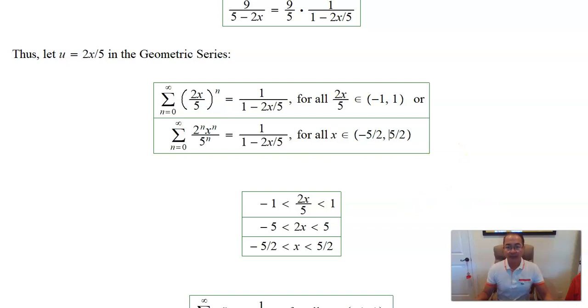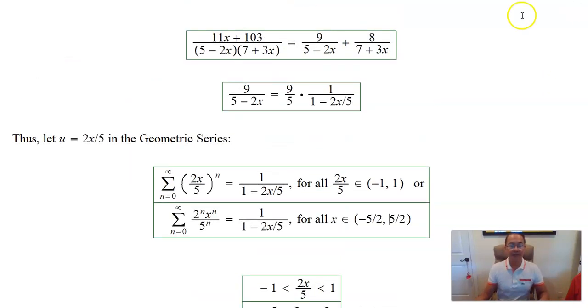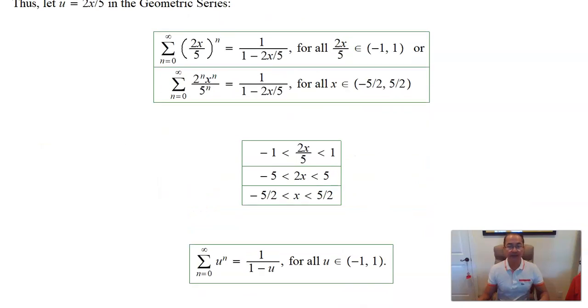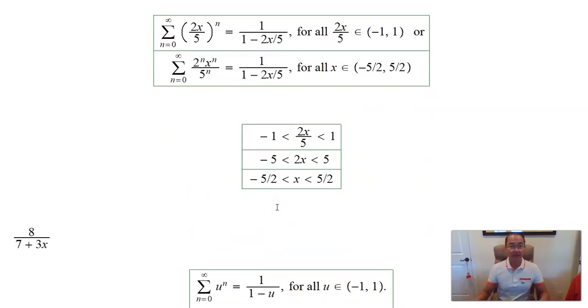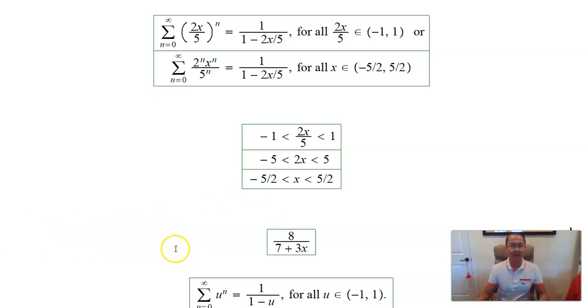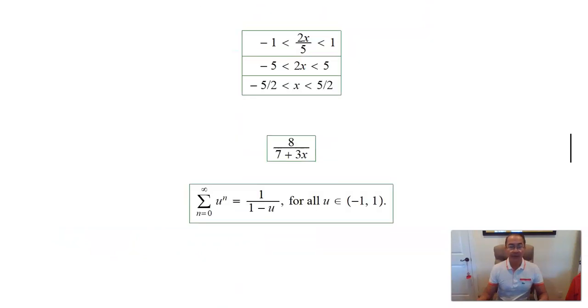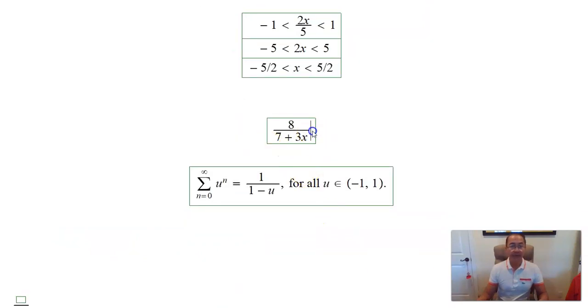Okay, so now we need a representation for the second one. We need 8 over 7 plus 3x. All right, next job. We again need the geometric series. Let's center it, just like the other one. We are going to break up this fraction into 2 factors.